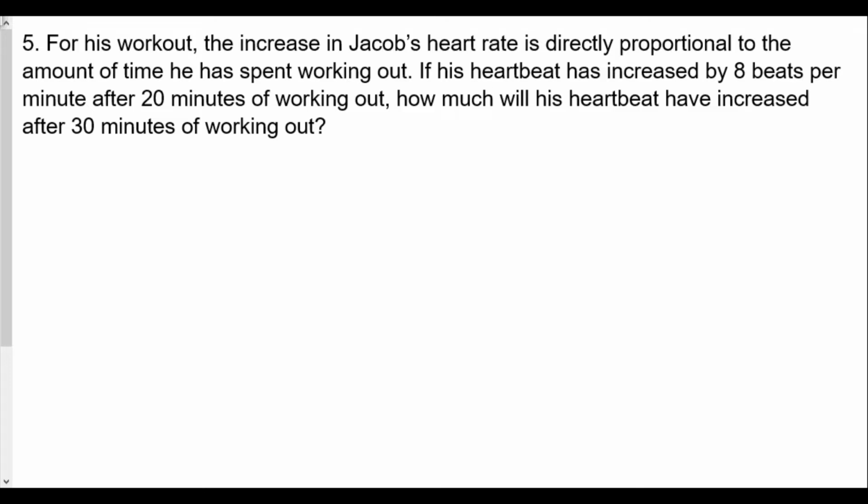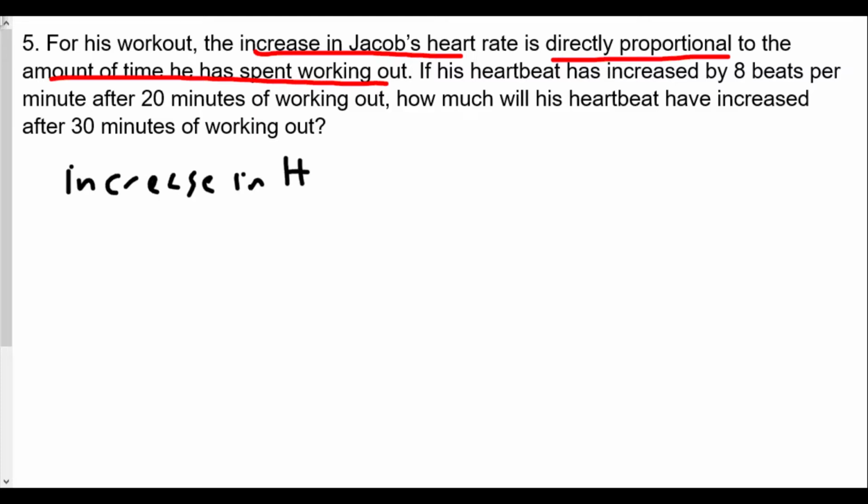For his workout, the increase in Jacob's heart rate is directly proportional to the amount of time spent working out. So in this case, our comparison will be increase in heart rate over time.